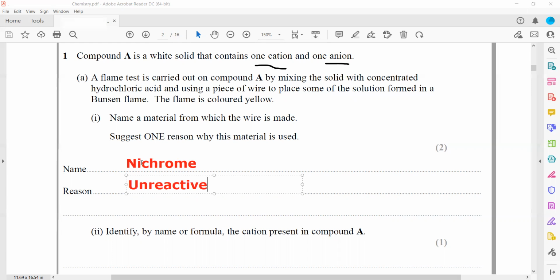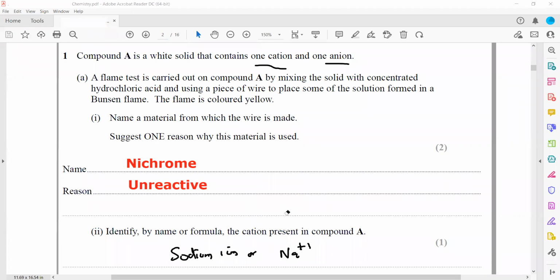That's why we use it. Identify by name or formula the cation present. The positive ion present here, as it is giving a yellow flame, indicates a sodium ion. Because it says identify by name or formula, you should write sodium ion, or Na+.